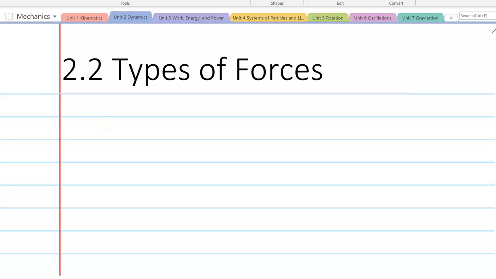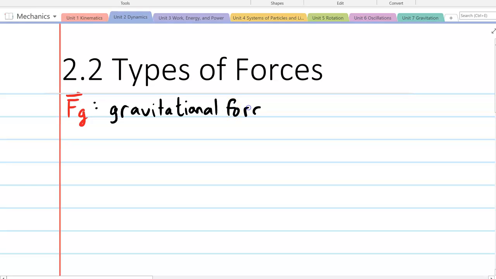So let's begin. The very first one is denoted like this. This is known as the gravitational force. Basically, it depends on a couple of things. It depends on your mass, and it depends on whatever g is.